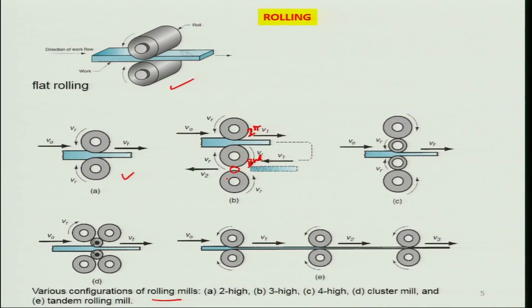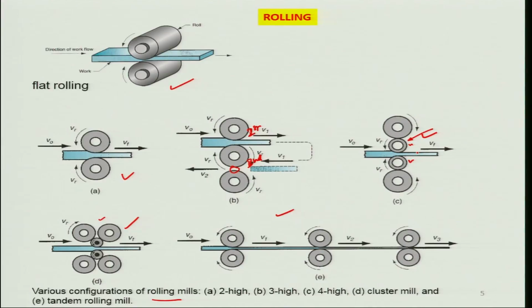We also have rolling done with different orientations, like 4 high rolls, or cluster mills, or tandem rolling mill. Typically the role of the 4 high or the cluster mills is to provide the added support which is needed for rolling of hard materials particularly. So you provide a backup support for the main roll, which is creating the actual deformation of harder material.